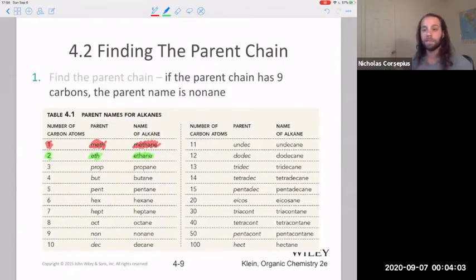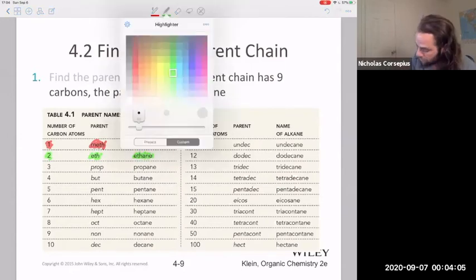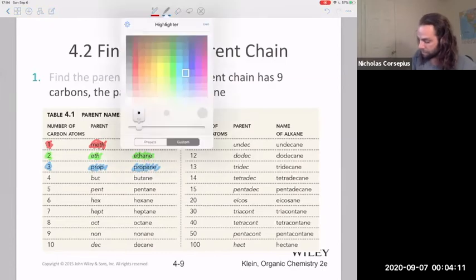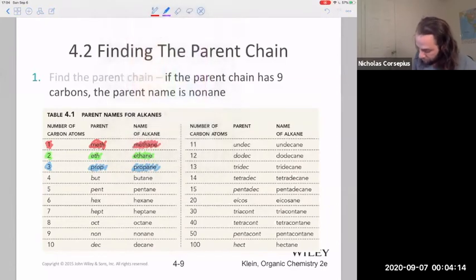Again, the ane because it's an alkane. 3 is prop, as in propane would be the name of that parent chain. 4 is but, as in butane would be the name of that parent chain.